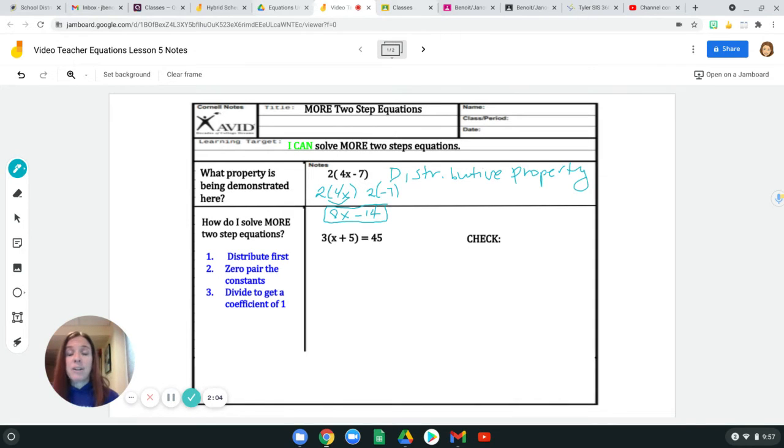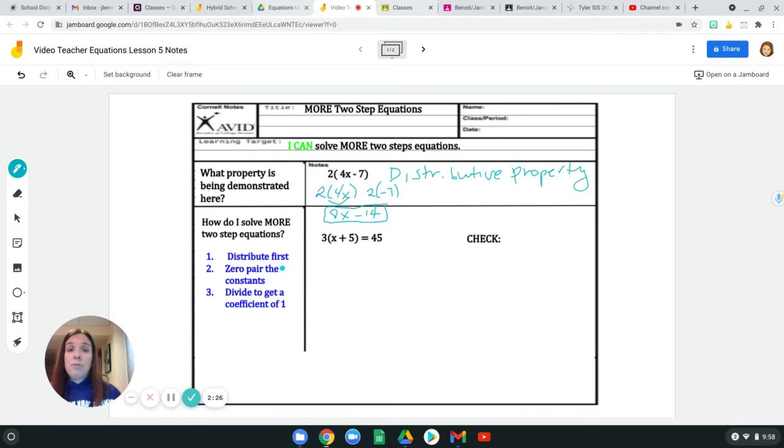We did that practice in our expressions work. Just wanted to remind you of that because we're going to be using the distributive property in solving our more two-step equations. All right, so how do I solve more two-step equations? I've got the steps listed for you. If you have the note packet, if you don't, please list them out. They're in blue here on the side.